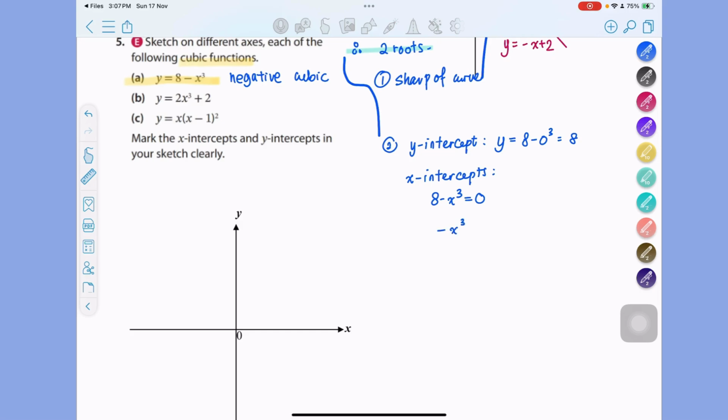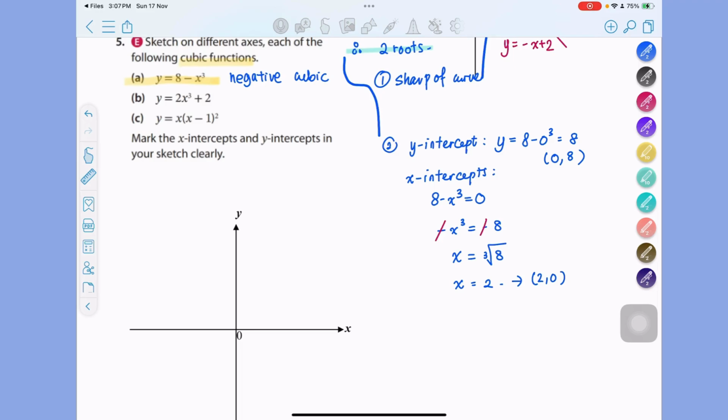Negative x cubed equals negative 8, so moving the negative 8 to the other side, both sides are negative and we can cancel off. My x becomes the cube root of 8, which is x equals 2. So my x-intercept has coordinates (2, 0), and my y-intercept has coordinates (0, 8).